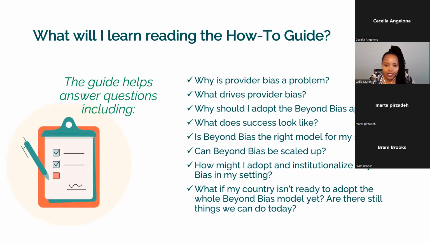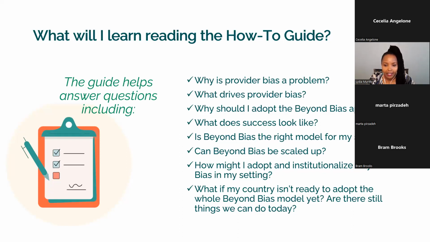So in the next few slides, I'll describe what to expect from the guide in terms of the content, how it is set up, present its key features, and let you know where you can access it. Now, in terms of content, the guide is designed to answer foundational questions, including why provider bias is a problem and what the key drivers are.